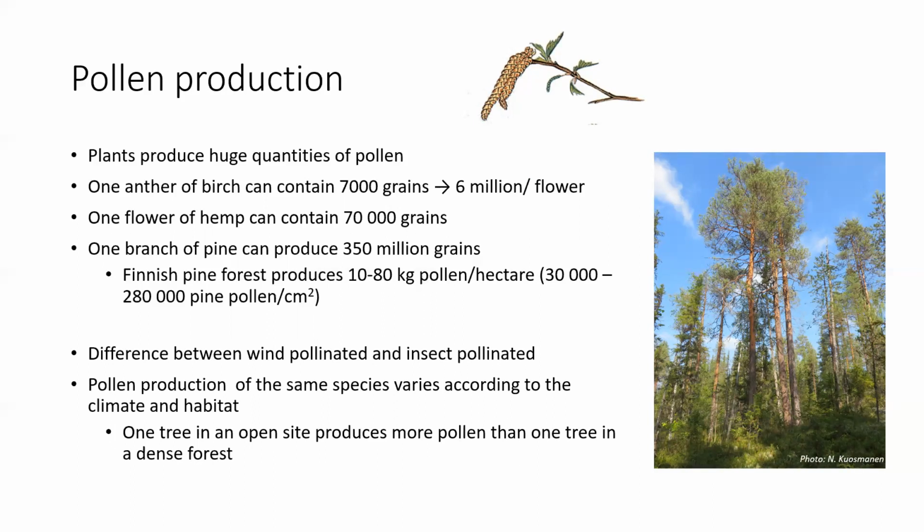For example, if it's an open site where the tree can get more light, more nutrition and more preferable living conditions, it can produce more pollen than the same species in a dense forest where there is more competition with other species. So this can also affect the production of pollen.